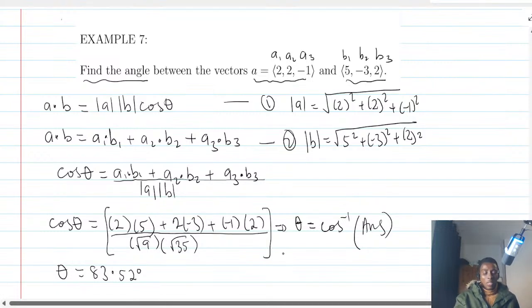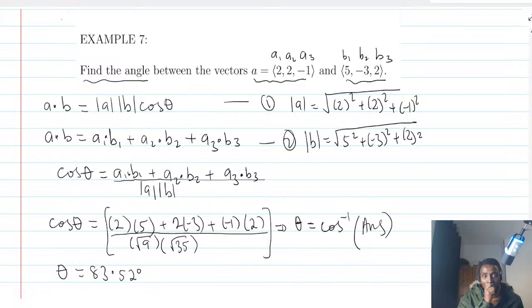So I hope the concept is clear. All right, so that is the dot product for you. You have to be very careful because whenever you are dealing with the dot product, sometimes you can use it to find the angle, but they will not tell you to use the dot product. They will just tell you find the angle.